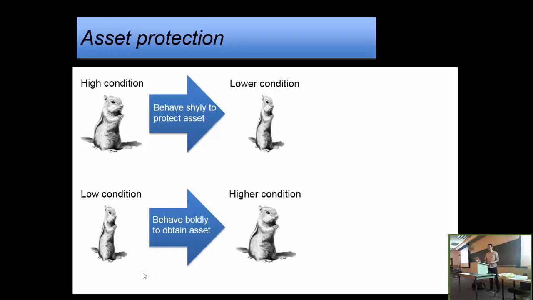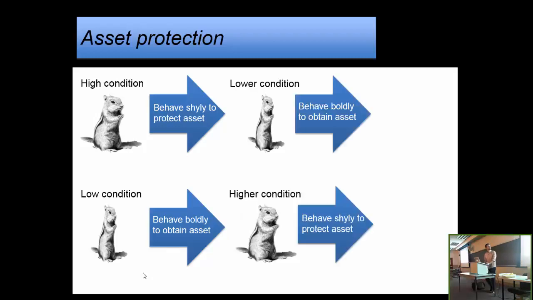What this then does is that individual who's initially in high condition, because it's behaving shyly and is less likely to obtain resources, is then in lower condition, whereas that individual in low condition, if it survives, is then in higher condition, such that then that individual who initially behaved shyly now behaves boldly to obtain that asset, and vice versa, so that we might expect a negative correlation between boldness and condition.